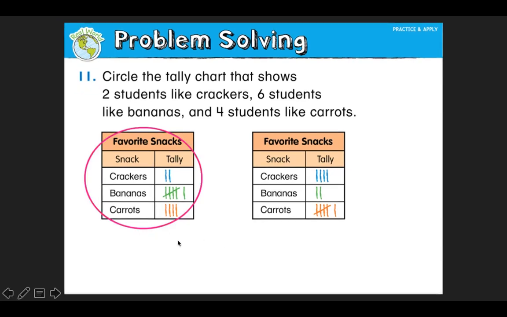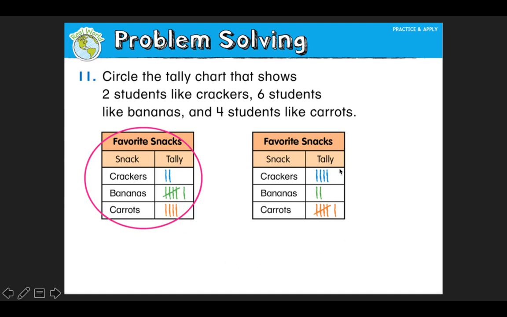All right, so this tally chart here on the left shows the data we described. This tally chart shows that there's 2 students that like crackers, 5, 6, a total of 6 students that like bananas, and 1, 2, 3, 4 students that like carrots. So this tally chart matches our data.